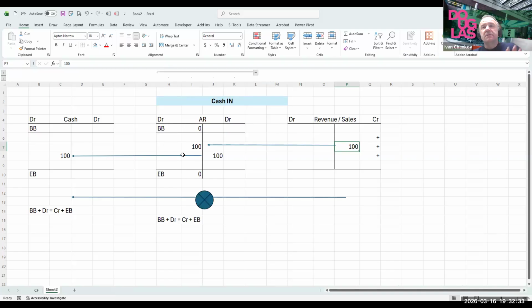Okay, so now let's do some thinking here. Accounts receivables beginning balance is 0. Now let's play a little bit with this.